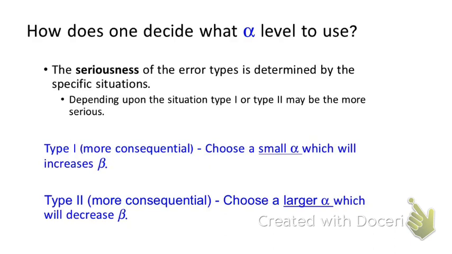If we think type 1 is more serious, we choose a really small alpha, like 0.01 versus like 10% or 0.1. If we think that a type 2 is more serious, then we choose a larger alpha.